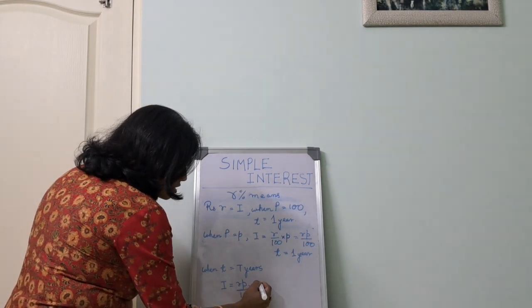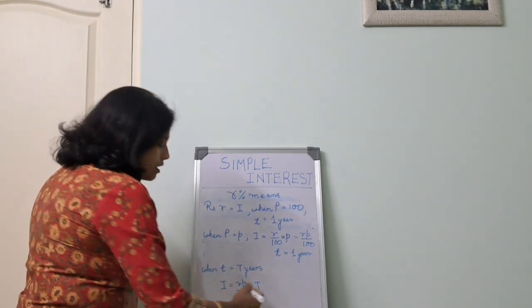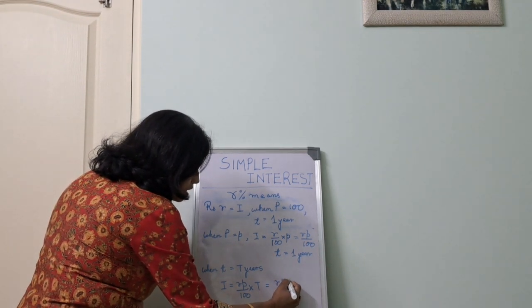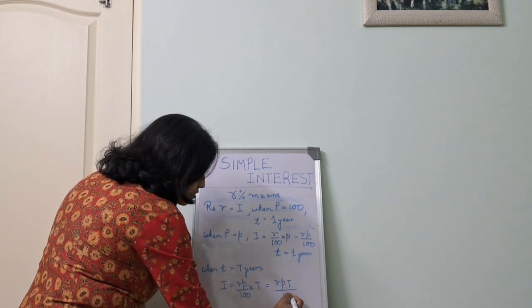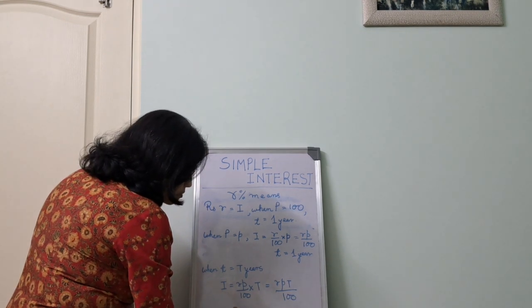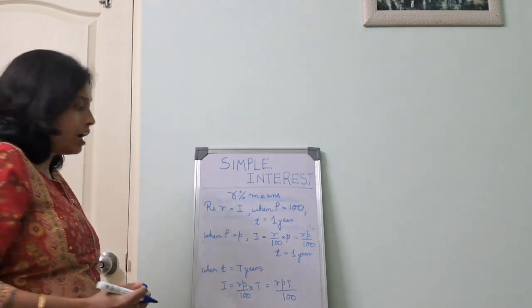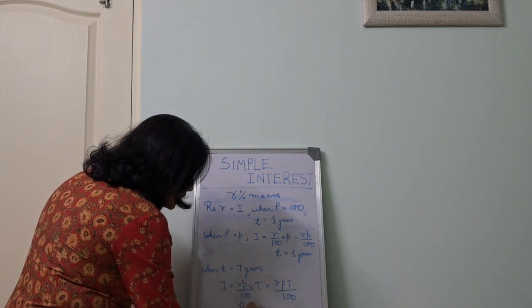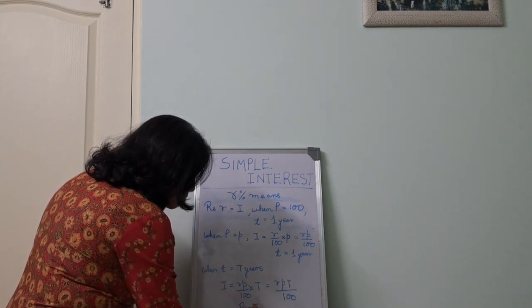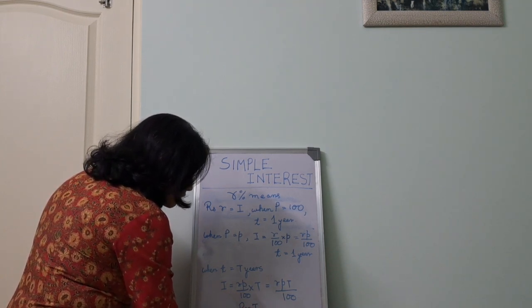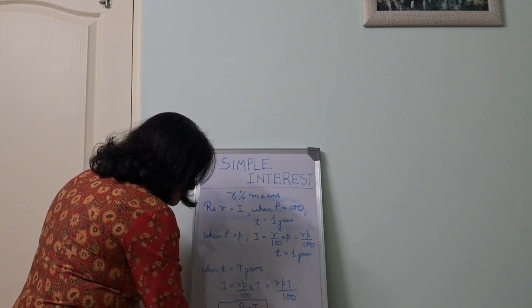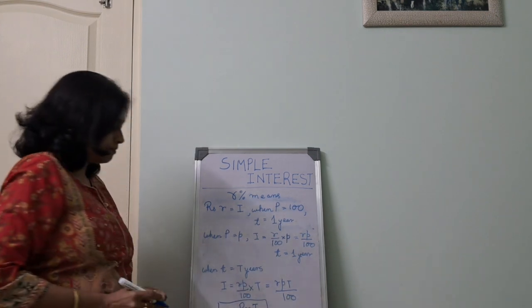So for t years it will be into t. That is equal to rpt by 100. So as per your formula, we will write it as p, we can also write it as prt by 100. So this is the other formula.